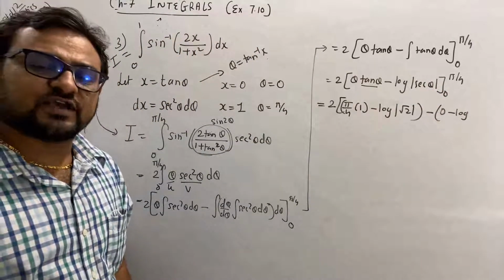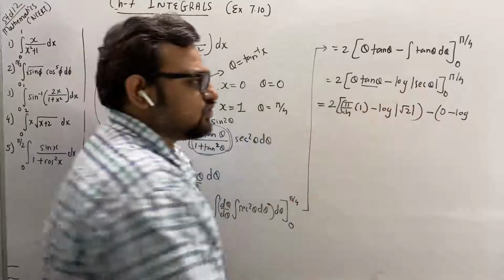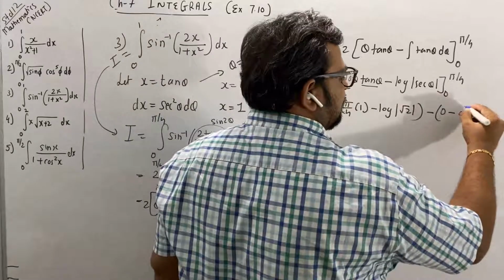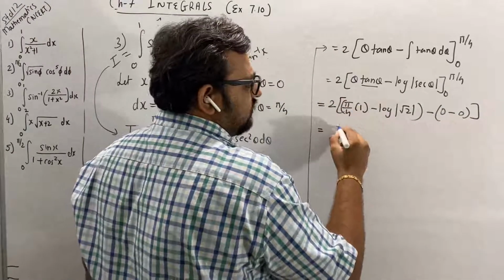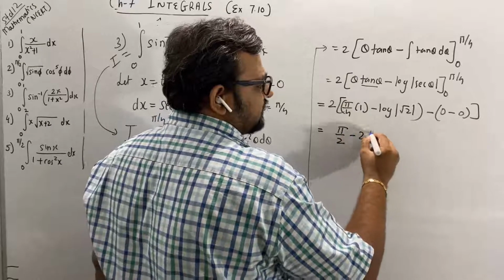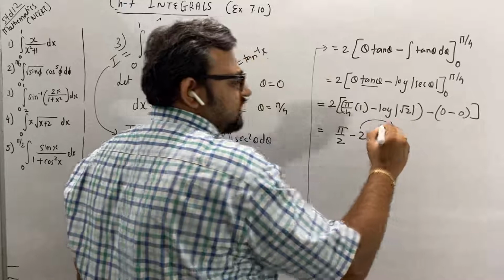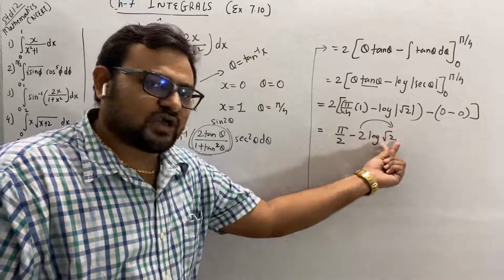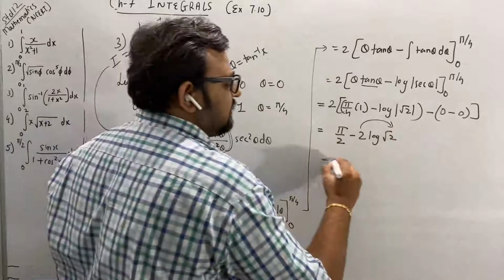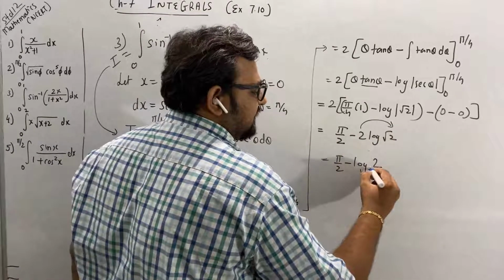The value of sec 0 is 1, right? But then log 1 is also equal to 0. So 2 into pi by 4 is pi by 2, minus 2 log root 2. Now this 2 when it goes to the power, it's square of square root of 2. So it will be pi by 2 minus log 2. Remember the base is e.